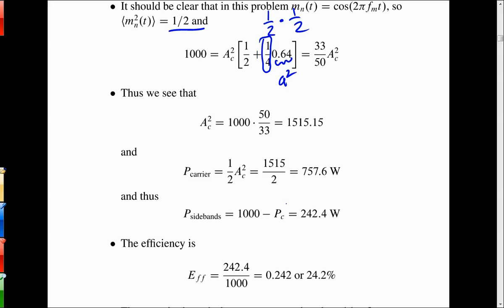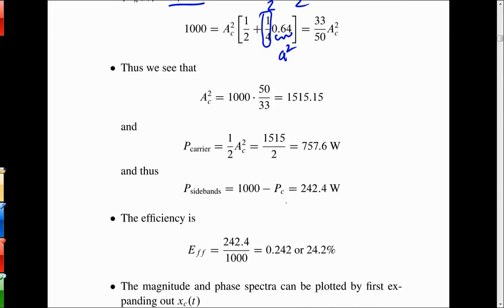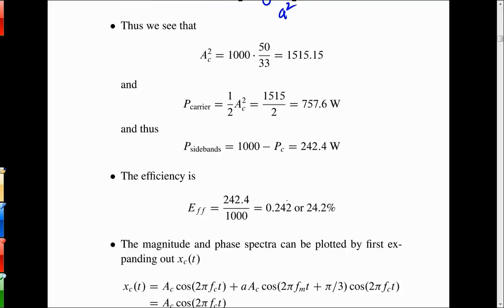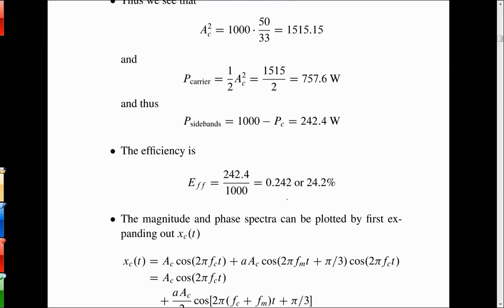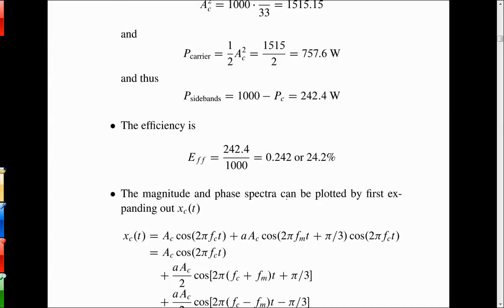This seems like the problem is being worked backwards, but if you were the Federal Communications Commission and they were telling you could broadcast 1,000 watts with your low-power AM radio station, this is how they'd be looking at it, and you'd be having to think of it this way. So the efficiency is only 24%, which I think is pretty low down, but that's the way AM is for the single sinusoid.